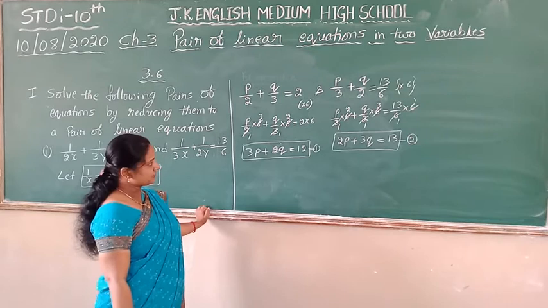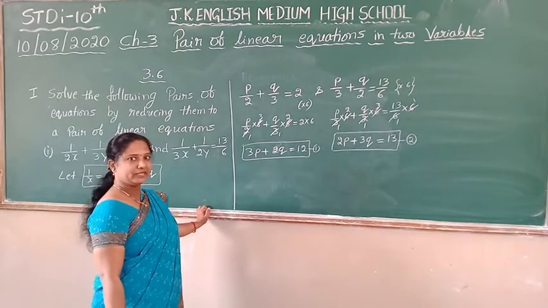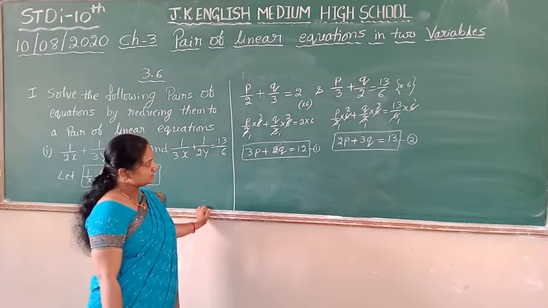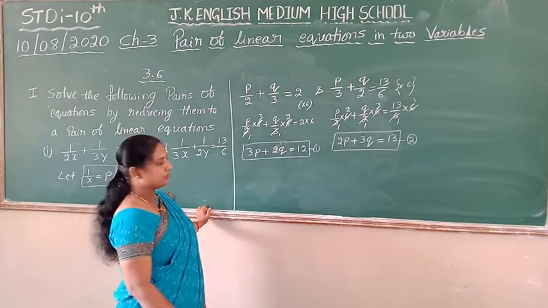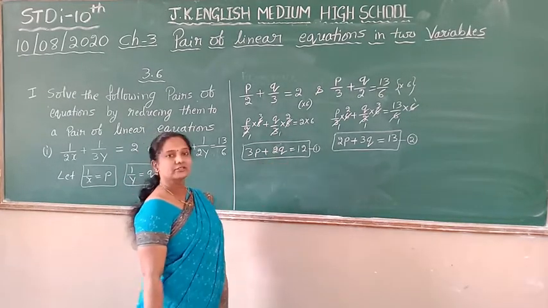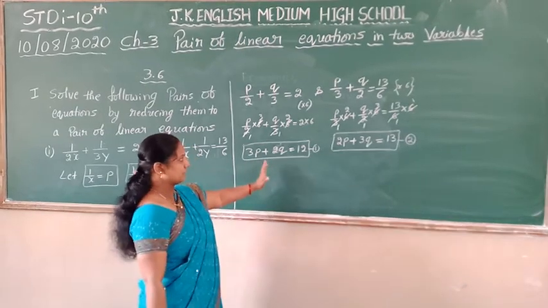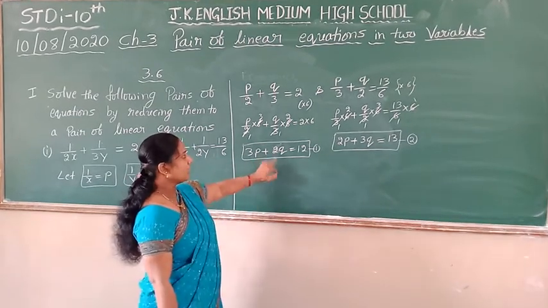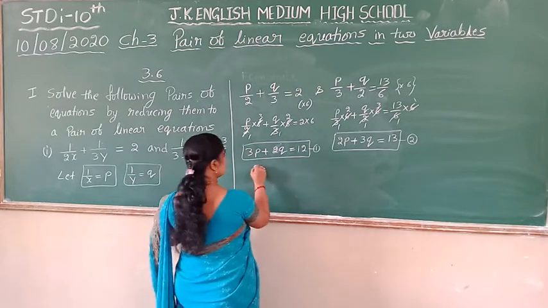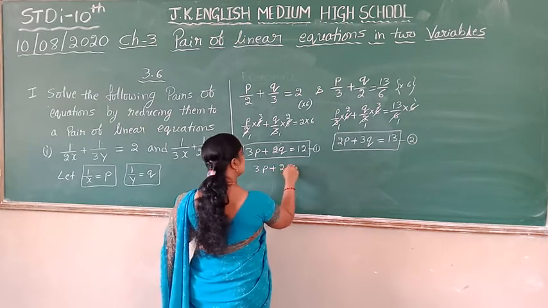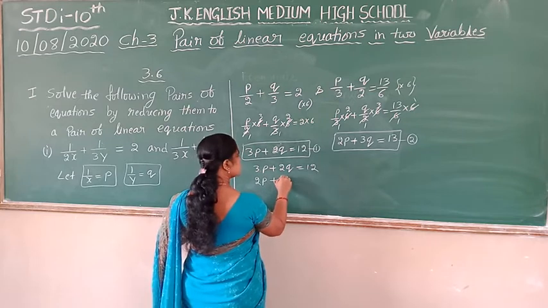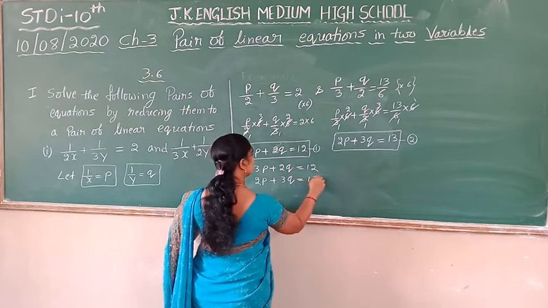Now I have to solve by the elimination method. For the elimination method, the coefficient of any one variable should be the same. Here 3p is there, there 2p is there. Here 2q is there, there 3q is there. So you have to interchange the coefficients and multiply. Both equations: 3p plus 2q is equal to 12, and 2p plus 3q is equal to 13.